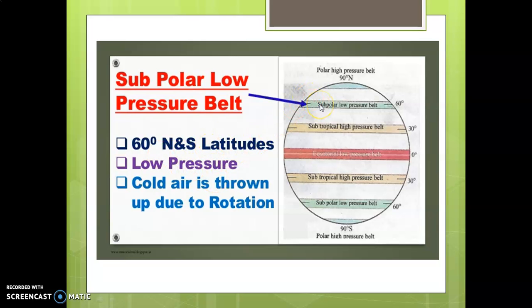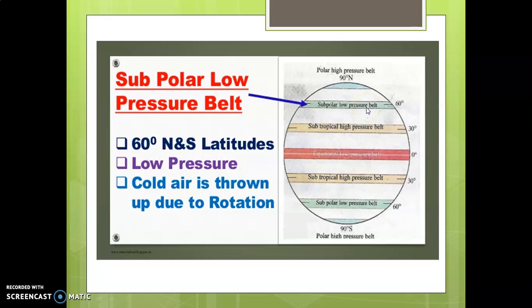Low pressure exists here. Why does low pressure exist here? As we know, which factor is applicable here? Rotation. When the earth rotates, due to the rotation of the earth, the wind gets deflected from this belt, and as a result low pressure exists here.